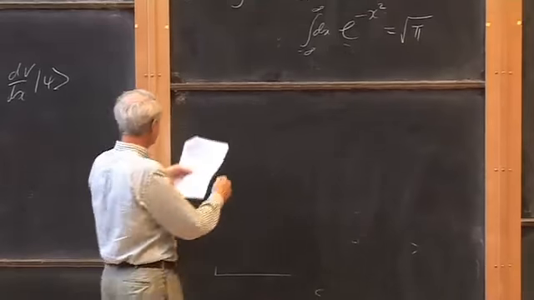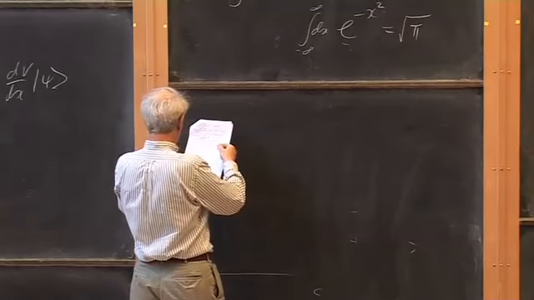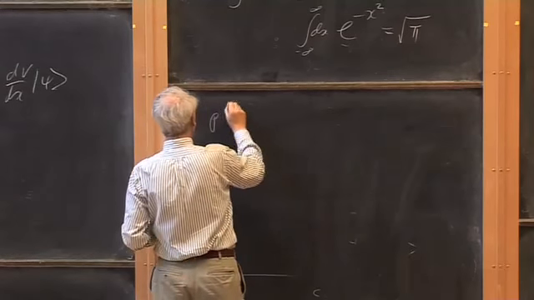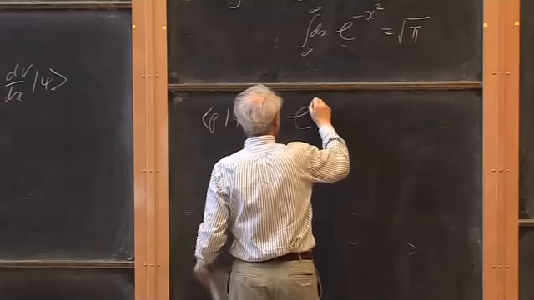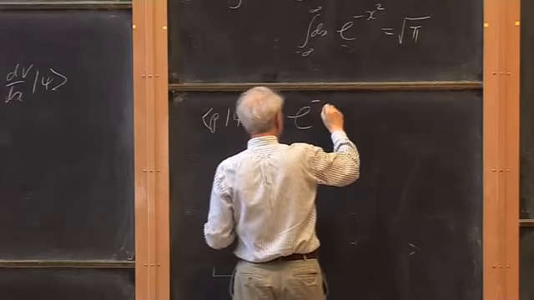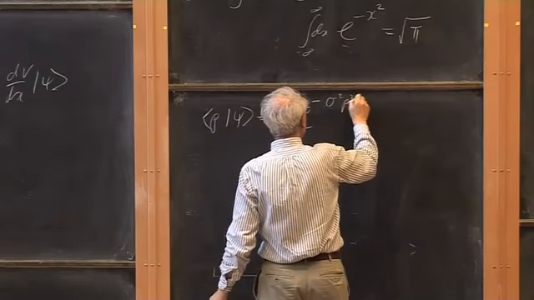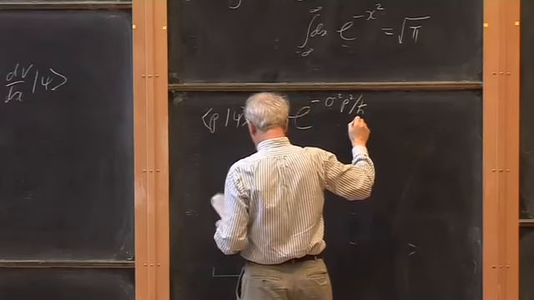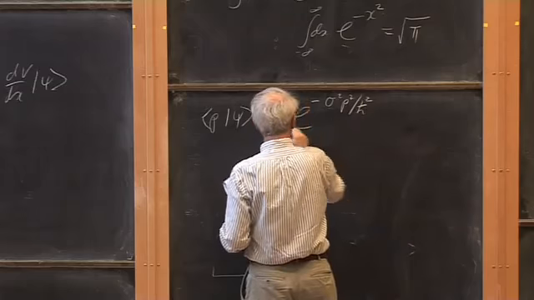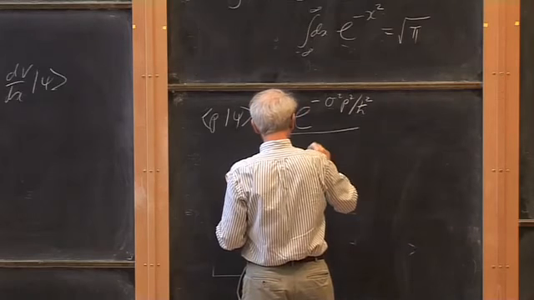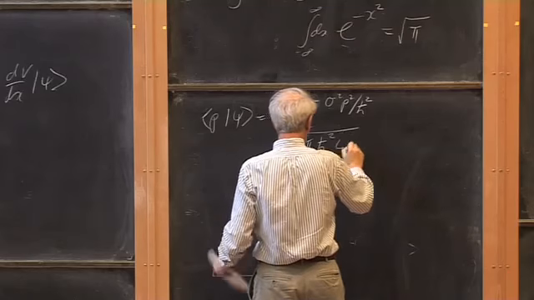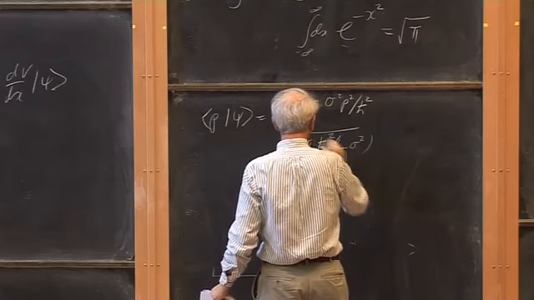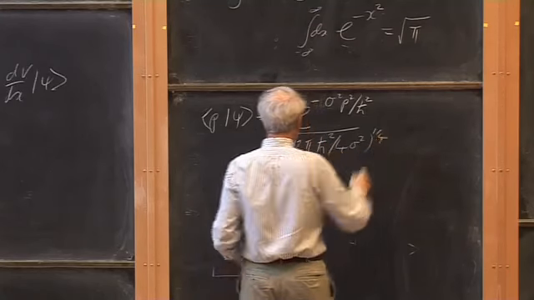It turns out that p psi is equal to e to the minus sigma squared p squared over h bar squared, times a normalizing constant, 2 pi h bar squared over 4 sigma squared, to the quarter power.